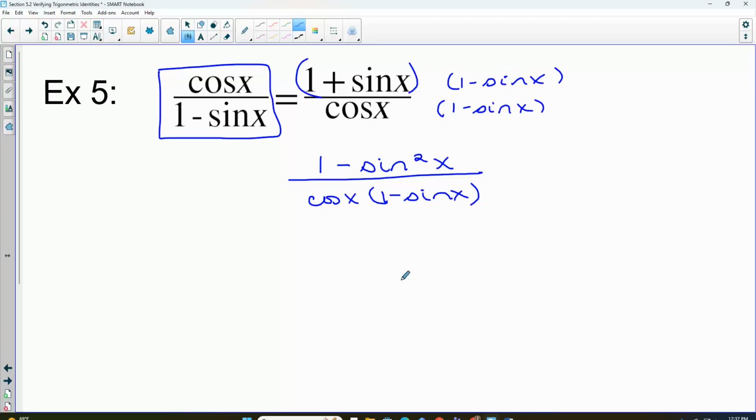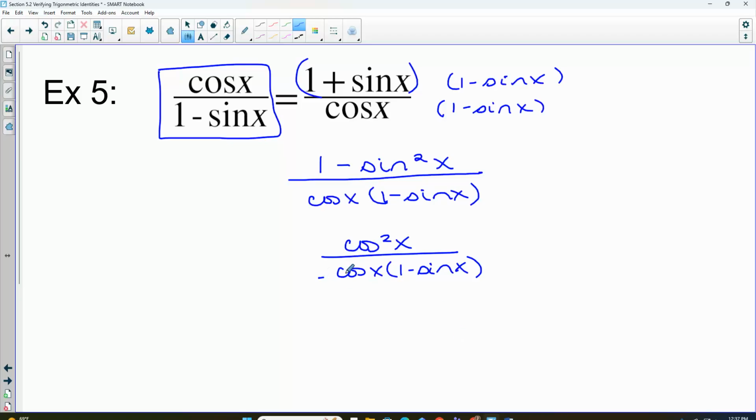Now what? The top turns into cosine squared. Yeah, 1 minus sine squared x is cosine squared x. Is that helpful?